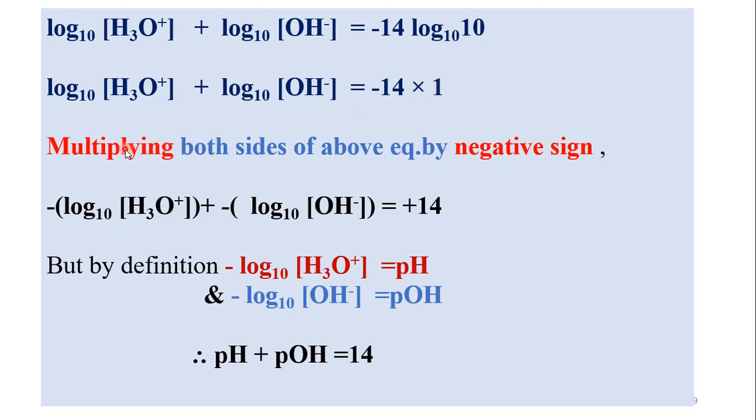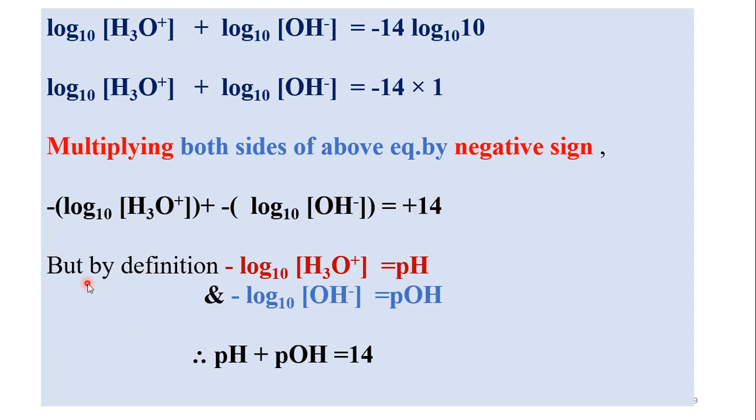Now if you multiply both sides of this equation by negative sign, then you will get what? Minus log to the base 10 of hydronium ion concentration plus minus log to the base 10 of OH ion concentration, that is equal to what? Plus 14.